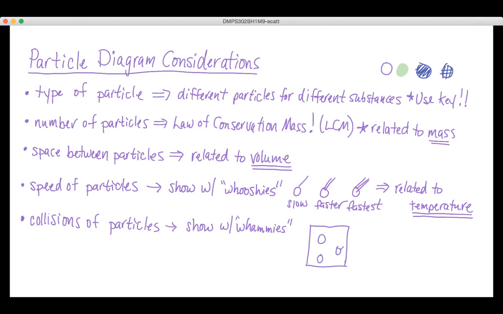A whammy is going to hit off of the container and bounce off. Then maybe our third particle is just hanging out, moving in there. Make sure that your collision lines, your whammy lines make sense. Your particle is going to bounce and move off the side of the container. You're not going to have your little zigzag going towards the inside of the container.